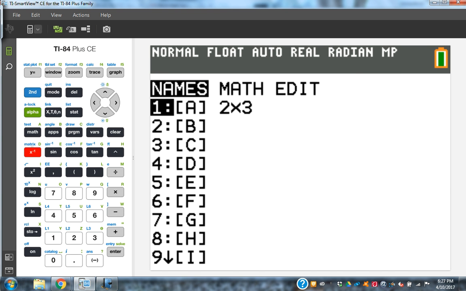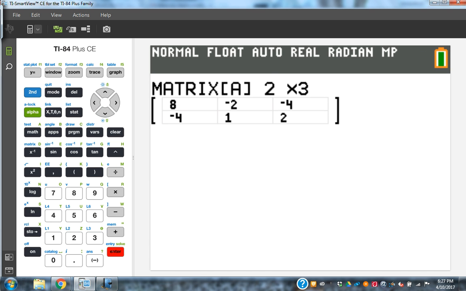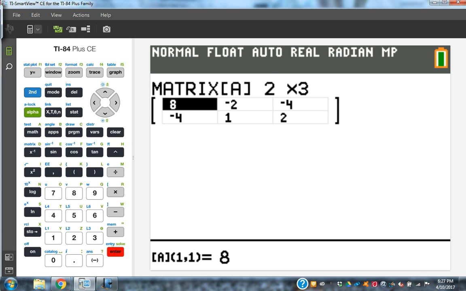Second matrix. Edit. And when you run RREF, you may see something a little different at the end.